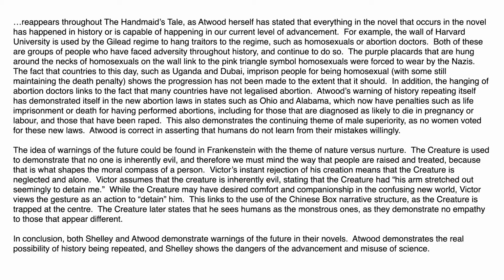For example, the wall of Harvard University is used by the Gilead regime to hang traitors to the regime, such as homosexuals or abortion doctors. Both of these are groups of people who have faced adversity throughout history and continue to do so. The purple placards that are hung around the necks of homosexuals on the wall link to the pink triangle symbol homosexuals were forced to wear by the Nazis.